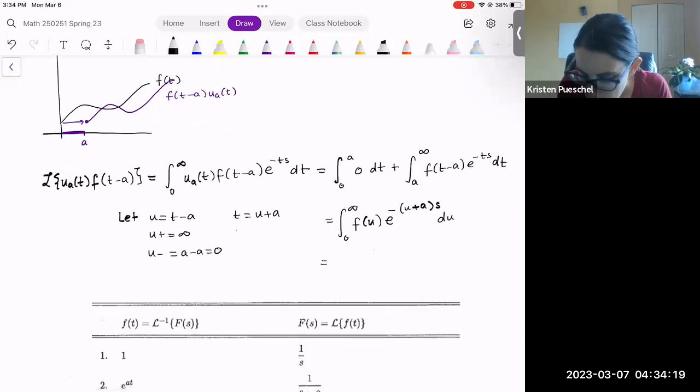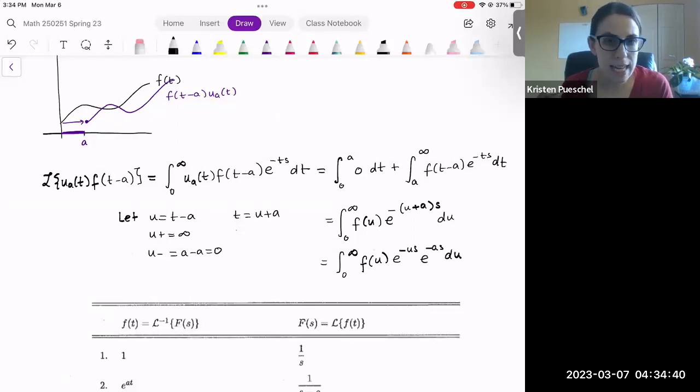All right. Now, this exponential term, we can distribute if we like: the integral from 0 to infinity of f of u, e to the negative us, and then we have a factor e to the negative as, du.